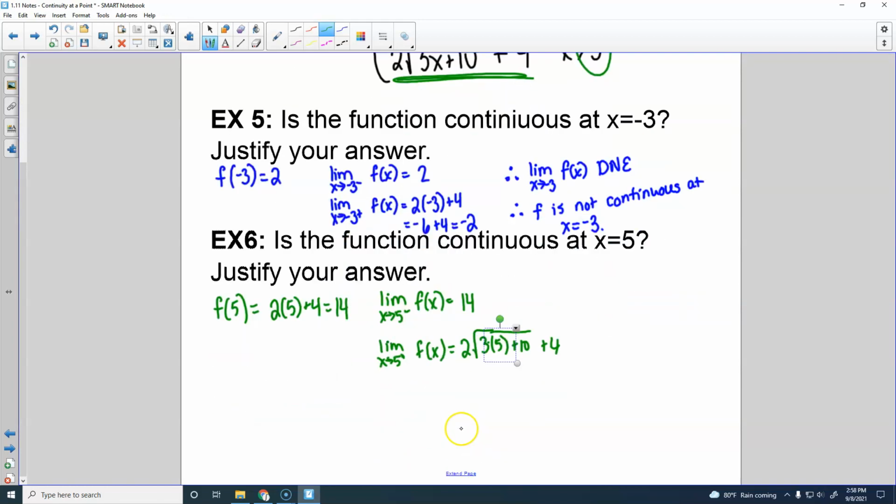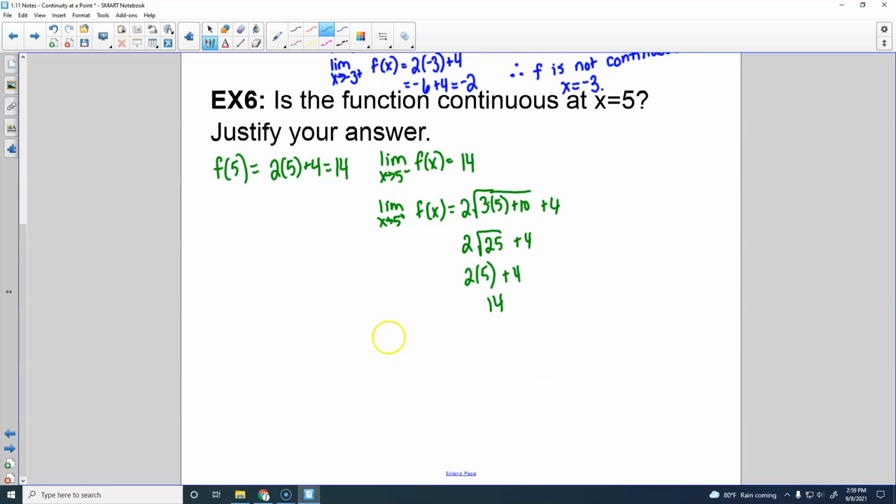That is 2 times square root of 25 plus 4, so 2 times 5 plus 4, which is 14, which tells me the limit as x approaches 5 of f of x is 14, because your limit from the left and the right are the same.